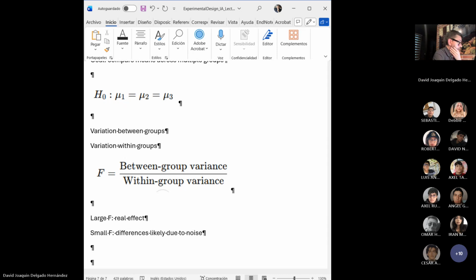So let us ask whether an additive has an impact on the groups, right?